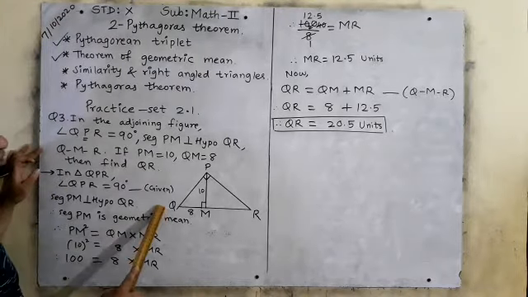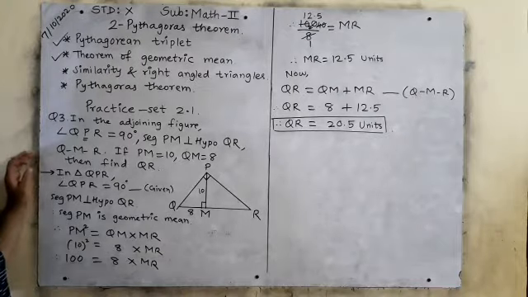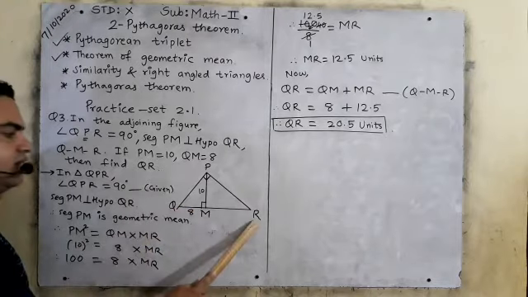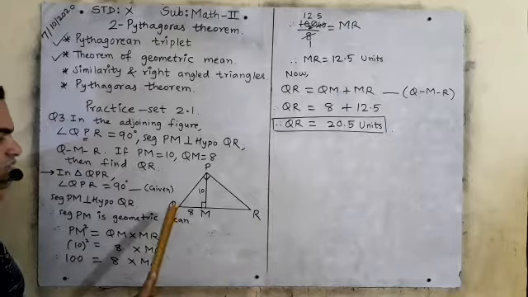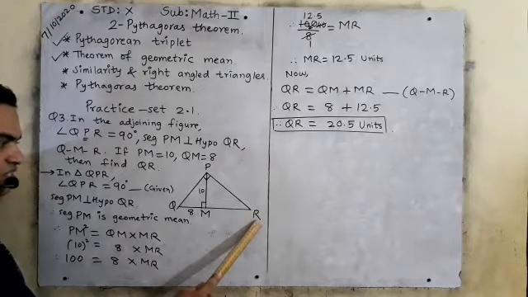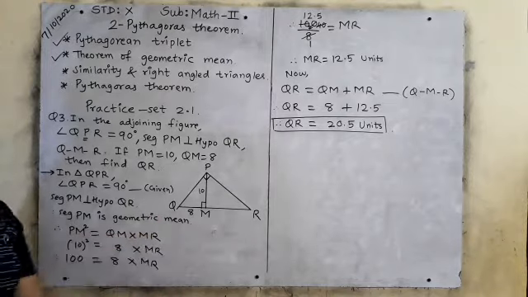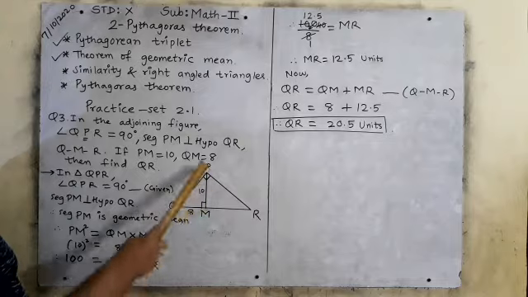Now can you see here Q, M, R means these 3 points are collinear points. They are lying in a straight line. So we can write QR is equal to QM plus MR, because these 3 points are collinear. See, PM is given as 10.